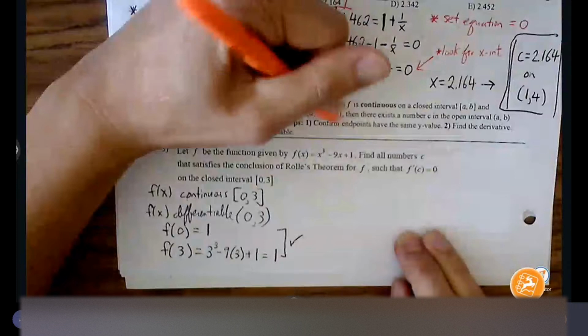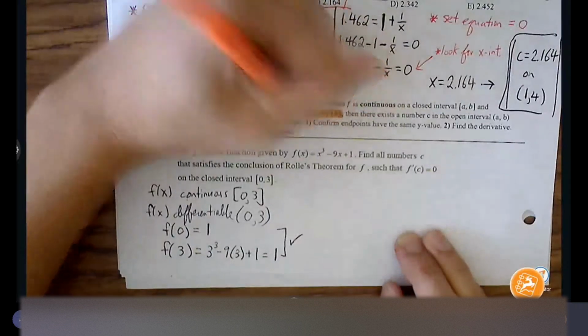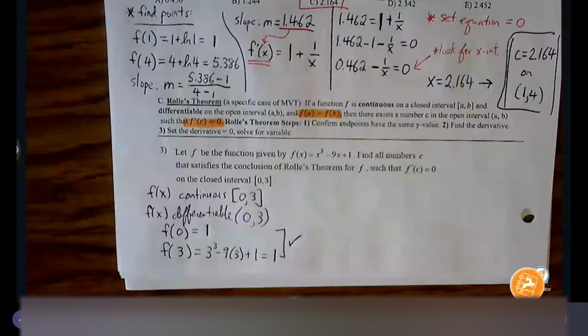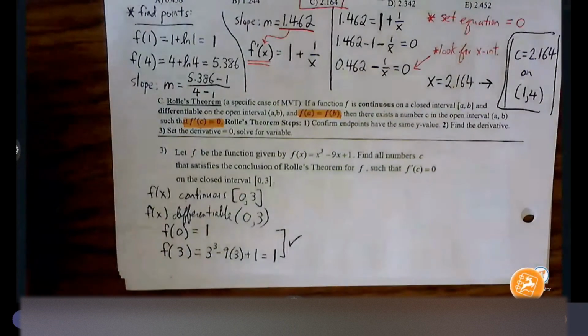So now that we've confirmed f of a equals f of b, we can then set f prime equal to 0. Because now I know that somewhere along the graph, I'm guaranteed to get a slope 0 on the curve.